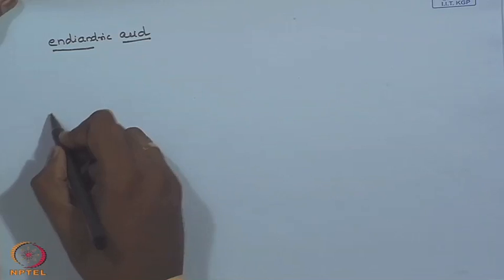If you see the sequence of synthesis of several endiandric acids, it's a cascade of pericyclic reactions. I will just show one simple example, where you can understand how these pericyclic reactions are involved. It's not only electrocyclic reactions. It's a cascade of pericyclic reactions. Clear? So we'll take one of the molecules.